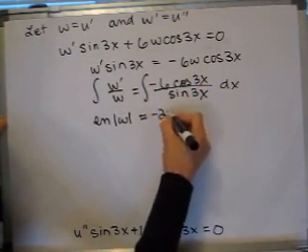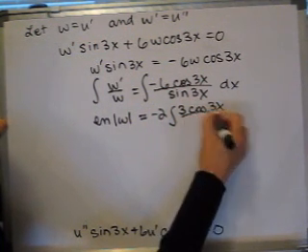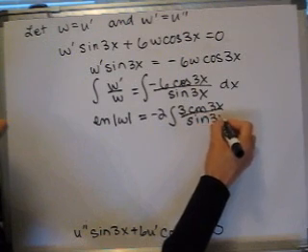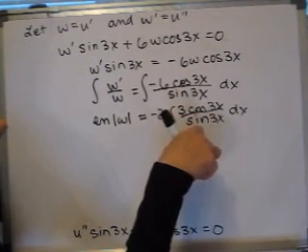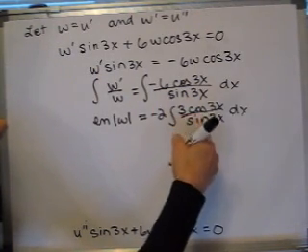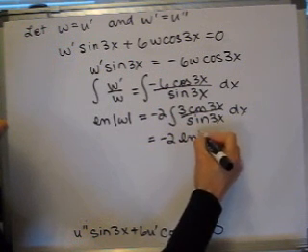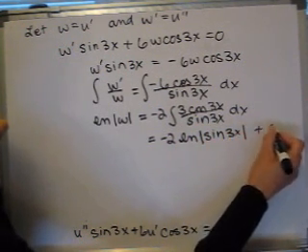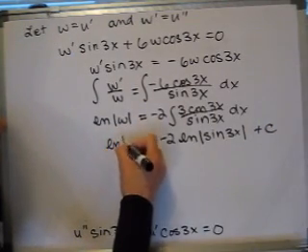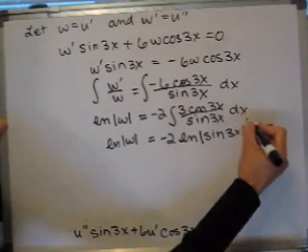So if on the top I write this as 3 times the cosine of 3x, and on the bottom I have the sine of 3x, then the top is exactly the derivative of the bottom. And so it integrates to the natural log of what's in the bottom. So I get negative 2 natural log absolute value of sine of 3x plus a constant. So I can take the negative 2 and make it the exponent here.